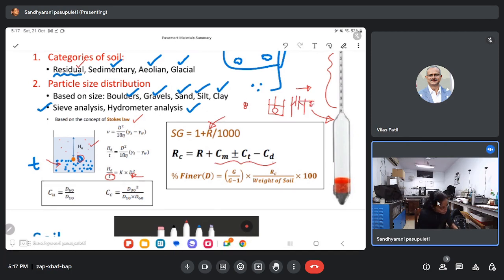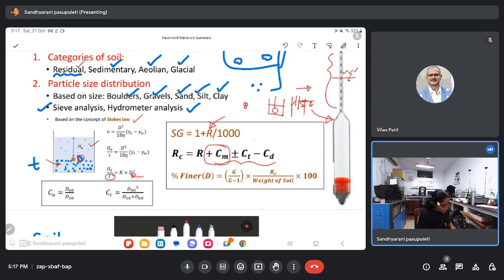That means the actual reading is this, but you are observing the reading as this. If you see the hydrometer reading, here 5, here 6. Your actual reading should be 6, but you are observing it as 5. That means you are observing the reading as less, so you have to add. That is the reason why the meniscus correction is always positive.